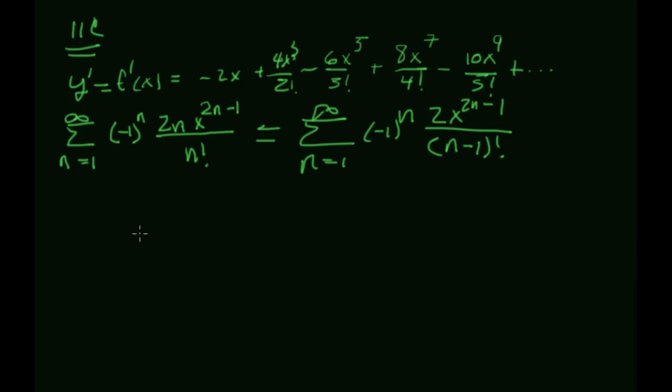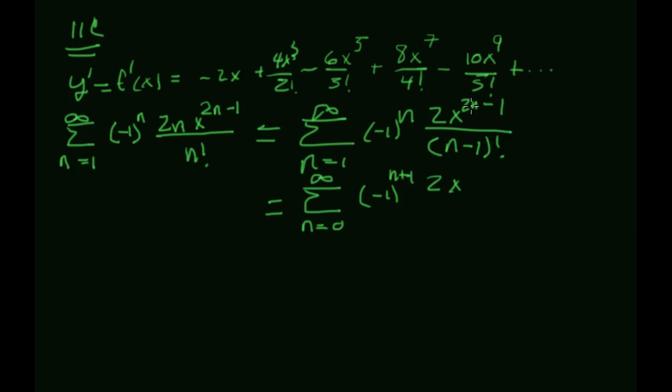Let's take the next step. We have to change the counter. I need to go from n equals 0 to infinity, which means that if I want 0 to land on 1, this has to be n plus 1. The 2 doesn't matter.